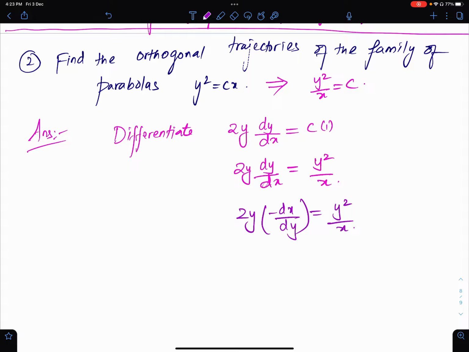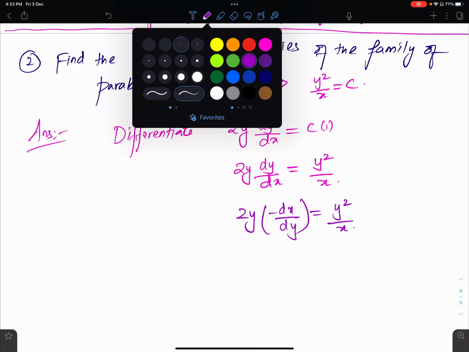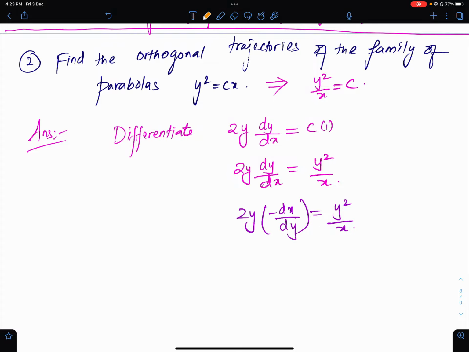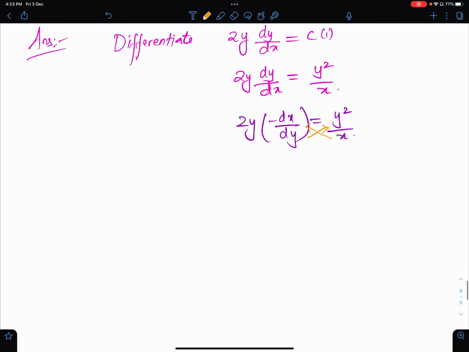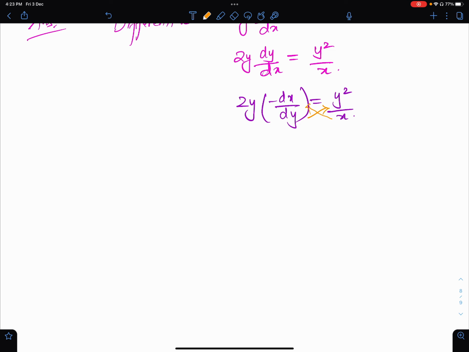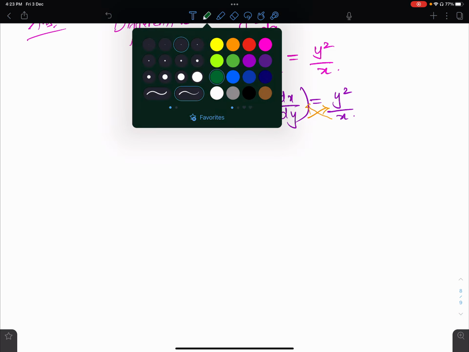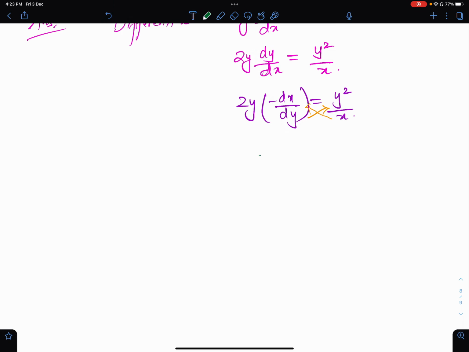So separate the variables and check what is possible. If there is anything to cancel, do it before integrating both sides. See this: minus x dx is equal to y square dy by 2y. That is what you get when you separate the variables.